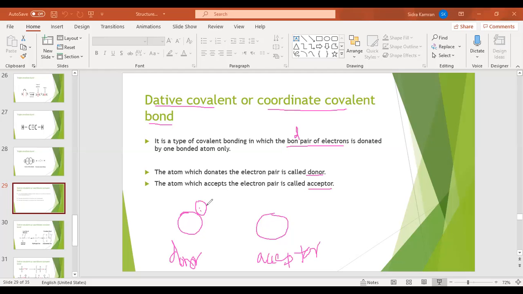The pair of electrons on a donor atom is called a lone pair. This donation of an electron pair is represented by an arrowhead, with the tail of the arrow towards the donor and the head of the arrow towards the acceptor.